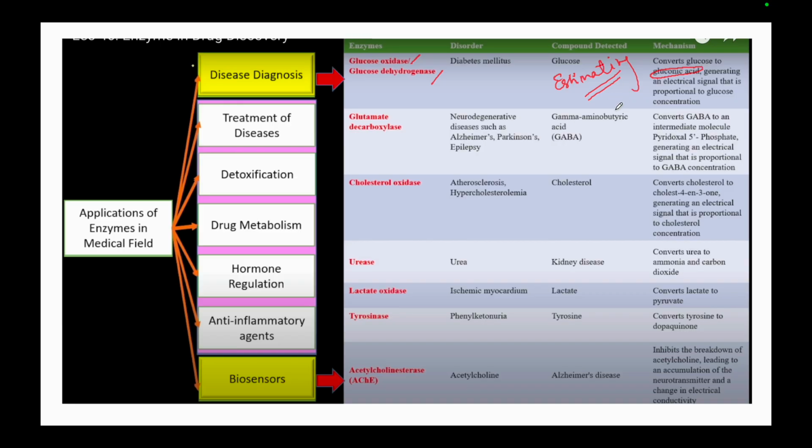This gluconic acid can be estimated either through color in an assay, or it would give some electrical signal. That signal or chromogenic compound is directly proportional to the glucose concentration, and thus we can estimate the glucose concentration, that is fasting glucose level and normal glucose level after a meal.